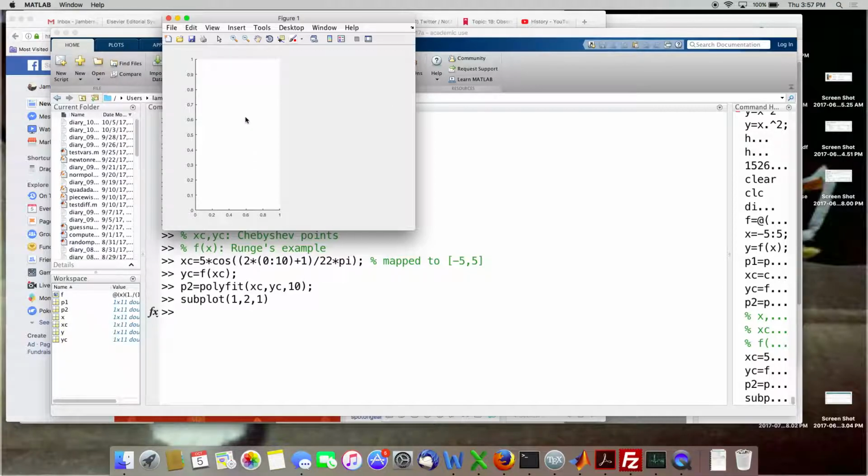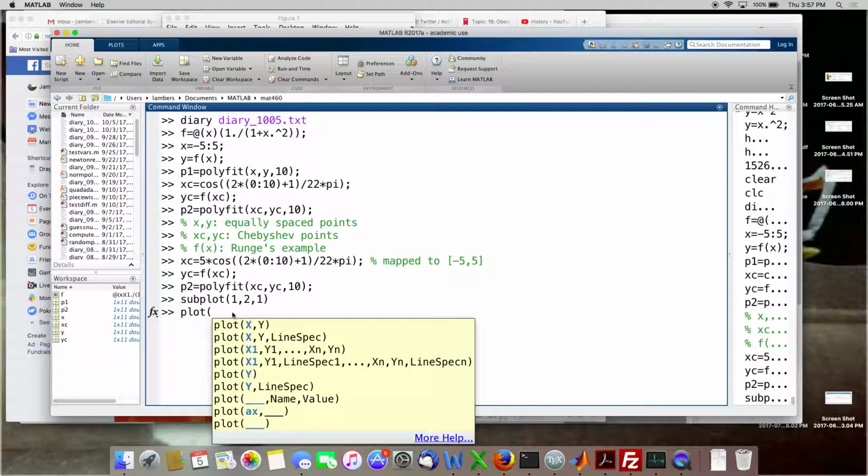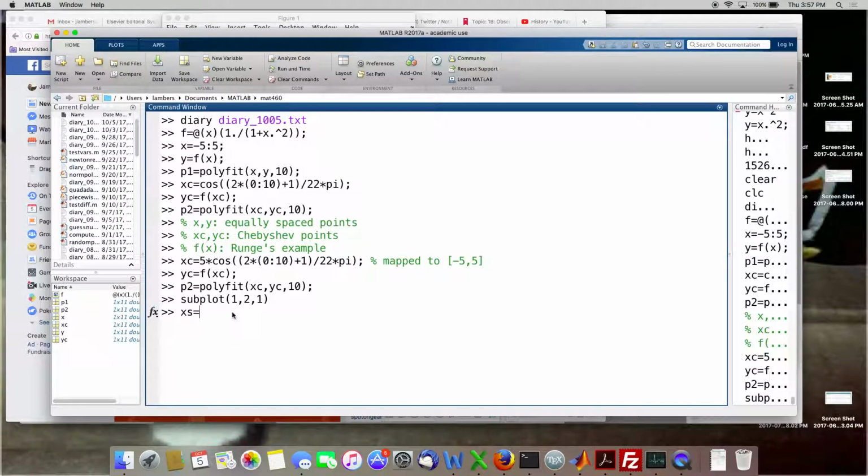Okay, so what it's done here is it's divided the figure window in two, and we have this empty set of axes right here. So what I'm going to do is plot, actually I need a vector of x values finely spaced from -5 to 5. I don't really need a parenthesis for this. So for spacing 1/1000th.